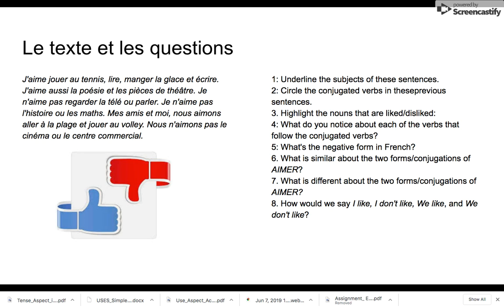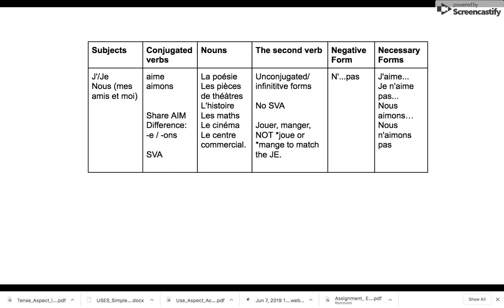And then the form that is in question here is how to say I like, I don't like, and we don't like. So, to demonstrate this, I did it in a different way by making a chart.